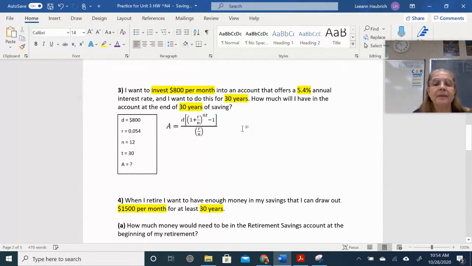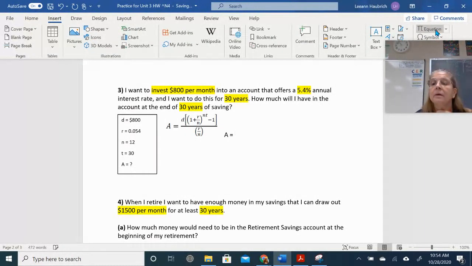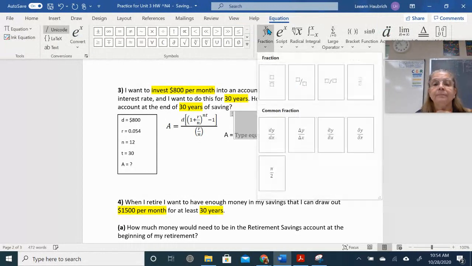So there's a lot of pieces to this formula. So I don't know the A. The A is what I'm looking for. So A, I'm going to see if I can get this to go a little bit higher. Nope, I guess not. Okay. So A equals, well, I have a lot of stuff going on here. And there's a fraction bar. So I'm going to insert my fraction.